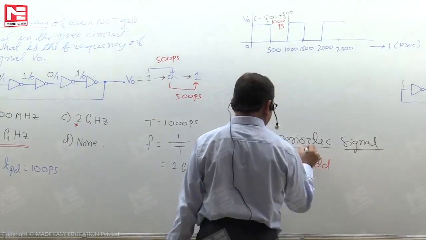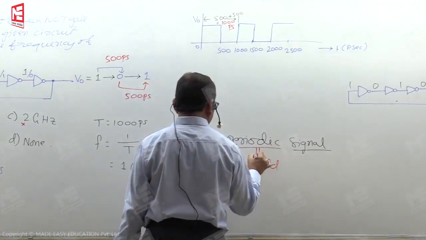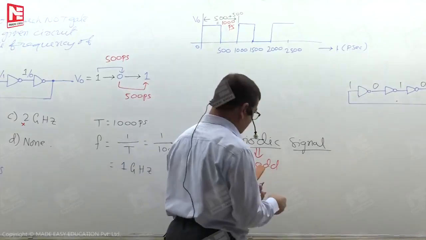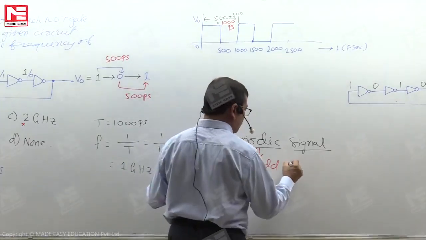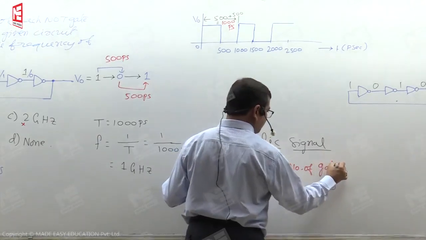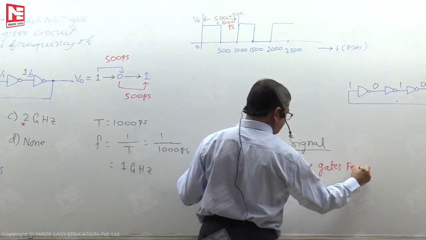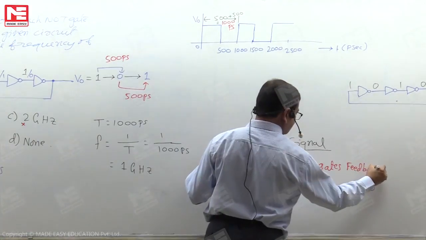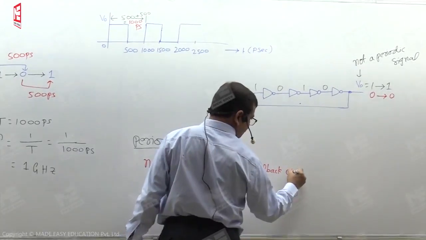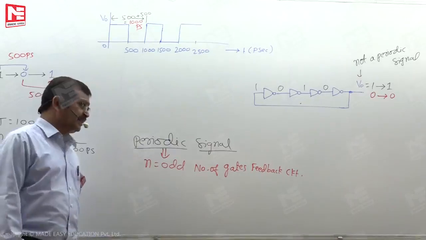If you want the generation of a periodic signal, then the number of gates required must be an odd number of gates in the feedback loop, or in the feedback circuit. Then only we are having the possibility of periodic signal generation.